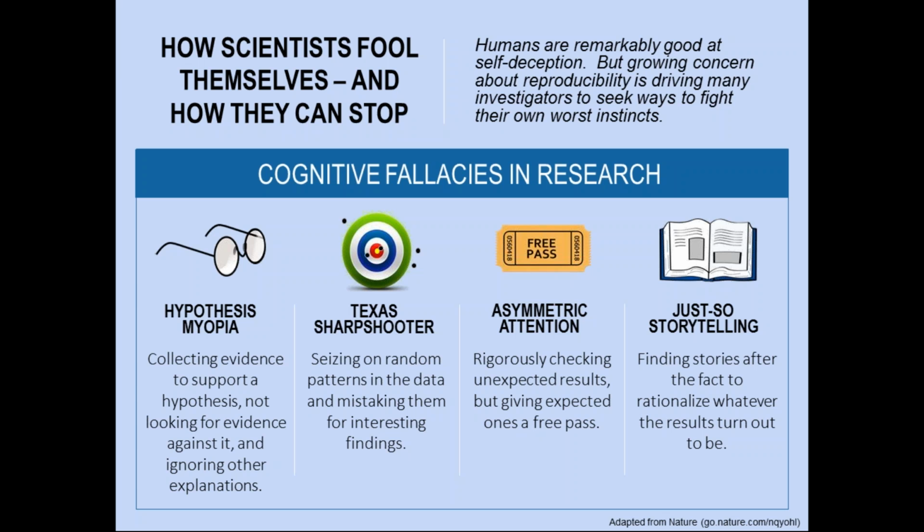Yeah. Oh, I have to do this all the time. Texas sharpshooter: seizing on random patterns in the data and then trying to explain them. Yeah. And mistaking them for interesting findings. Oh, that's really interesting, let's just change our hypothesis to that. No, that's a no-no. Can't do that.